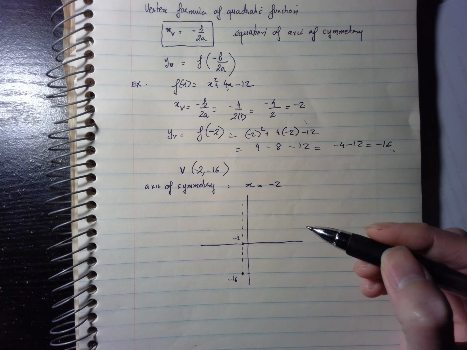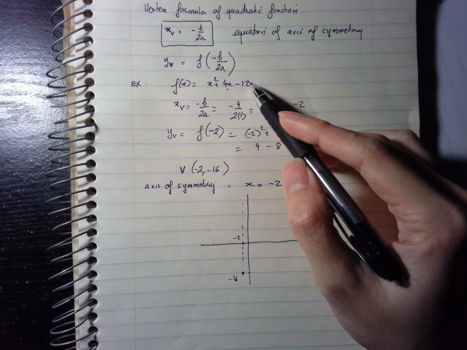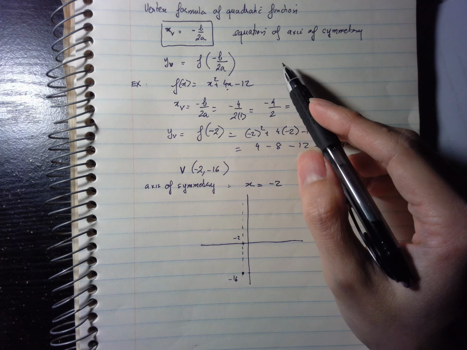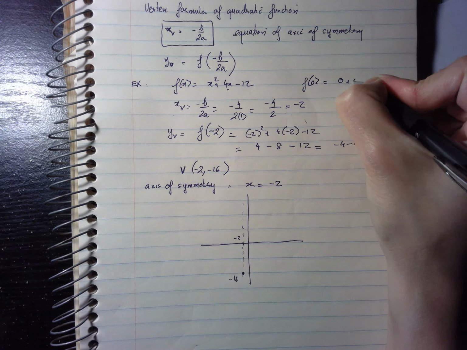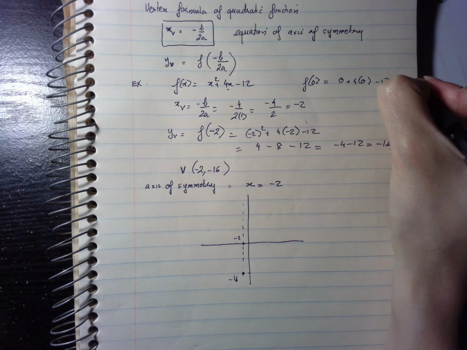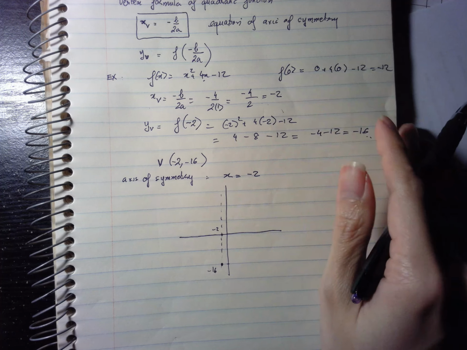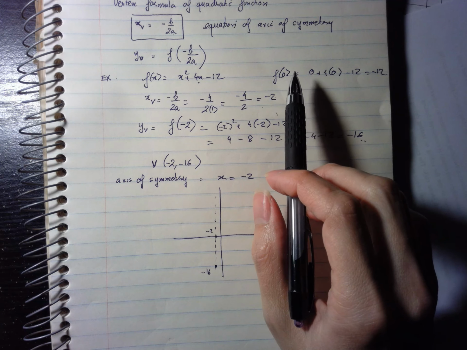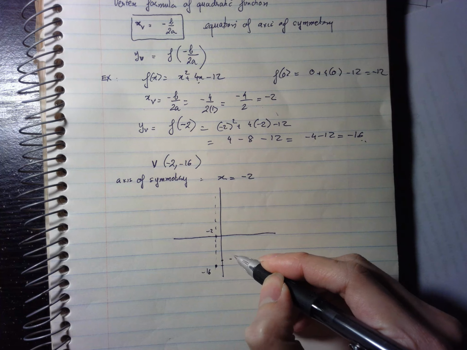Okay, and the y-intercept is negative 12, because f of 0 equals 0 plus 4 times 0 minus 12, which gives you negative 12. In order to find the y-intercept, we replace x with 0. Remember that this is also learned in intermediate algebra. So it's negative 12 right here.